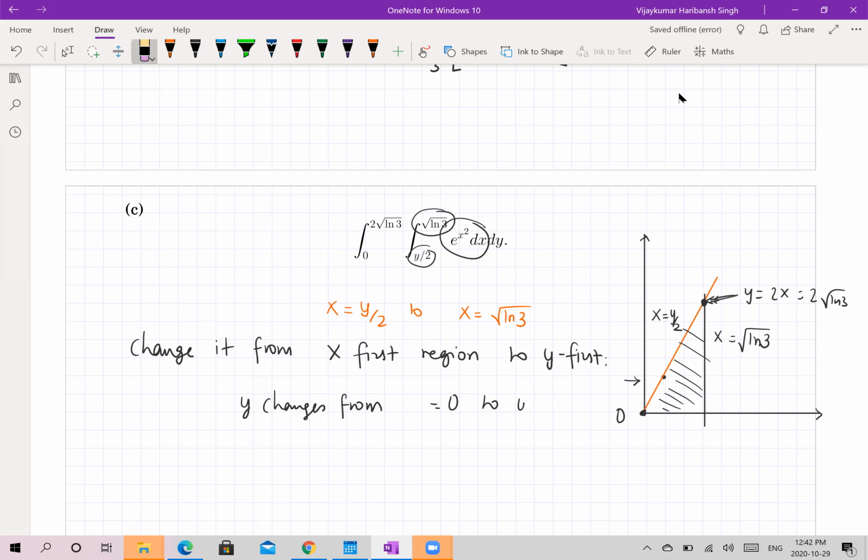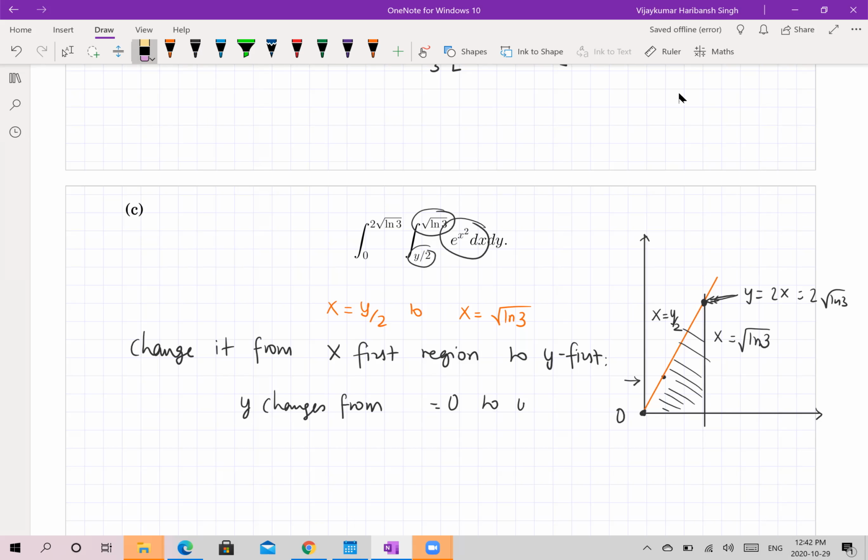You shoot an arrow in this direction, so your y first hits this one here. So y equals 0 to then it hits this one here, which is y equals 2x. And you can see this is both a type x first and type y first region as well, or type 1 and type 2 both.